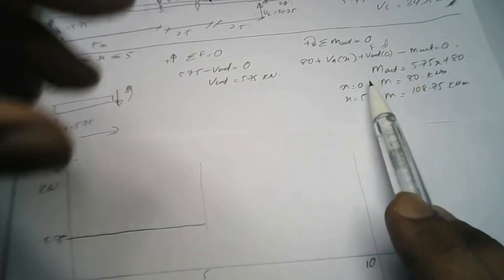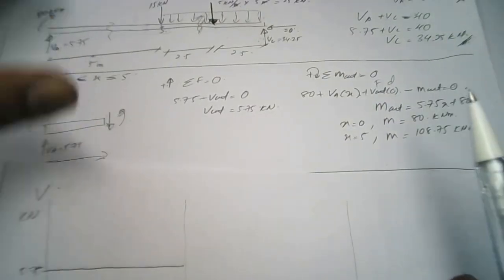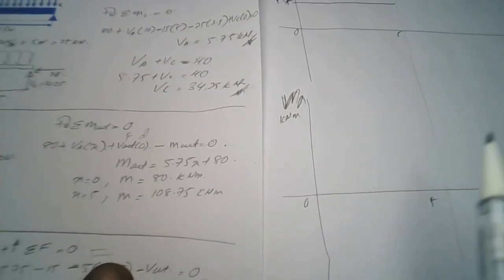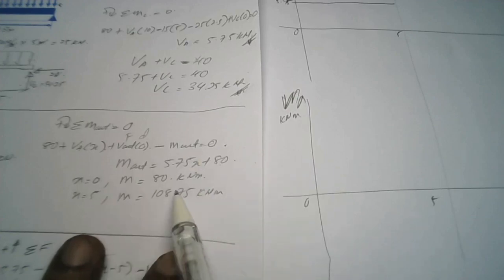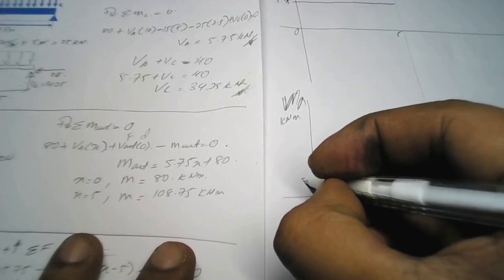If x is 0, the m is 80. If x is 0, the m is 80 here.